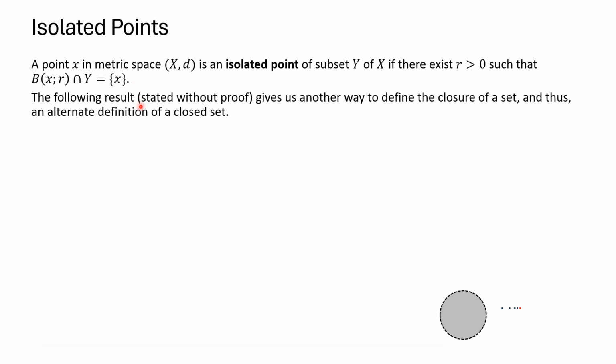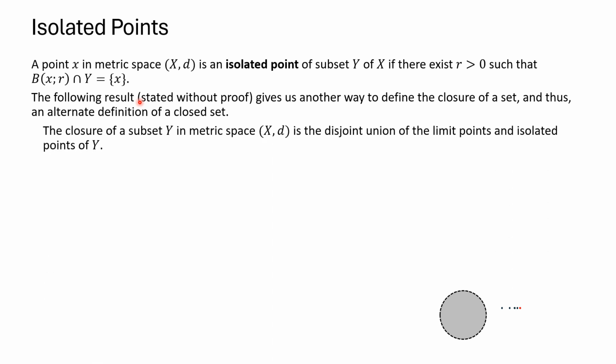So we have another result here related to isolated points and limit points that give us another definition for closure as well as, by implication, for closed set. So the closure of a subset Y in a metric space is the disjoint union of the limit points and the isolated points.